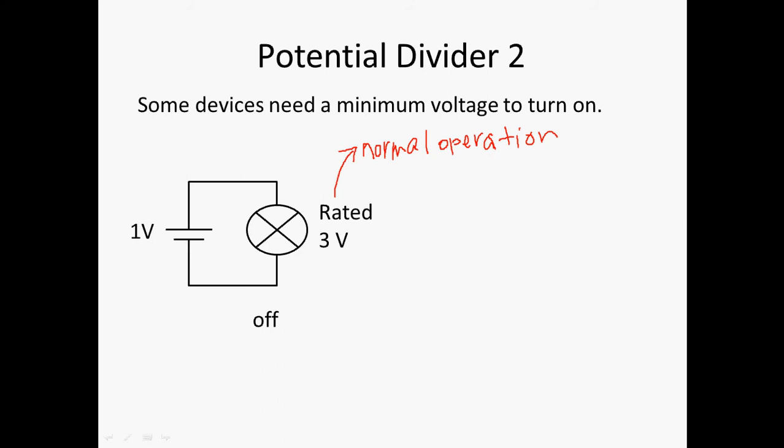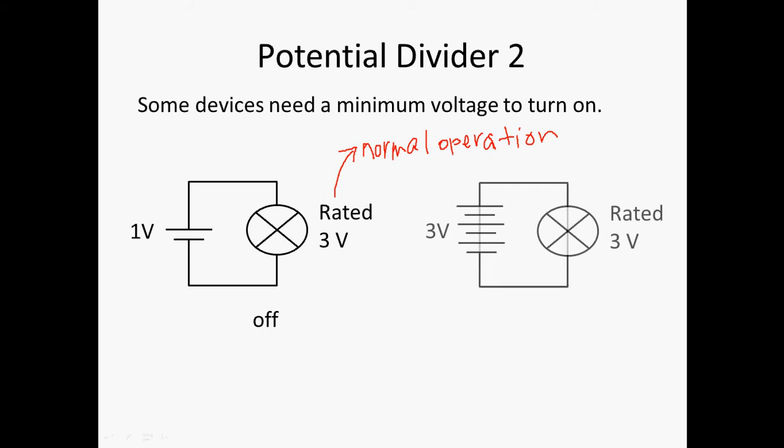Okay, so how do you rectify this issue? The simplest way is to have more voltage. If you have more voltage, you'll definitely be able to turn on the lamp. If you have 3 volts and the lamp is rated at 3 volts, obviously the lamp will turn on. Now, why do we need to learn this?